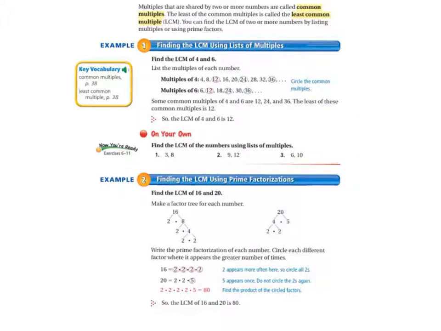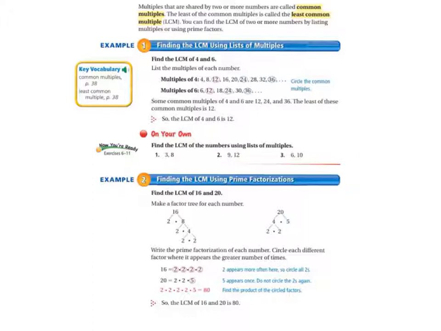Today we're going to be going over the examples on pages 38 and 39 in your textbook. Yesterday you wrote the key vocabulary in your math notebook, so you don't need to write that again, but it does review it at the top of the page, so let's go over that. Multiples that are shared by two or more numbers are called common multiples.